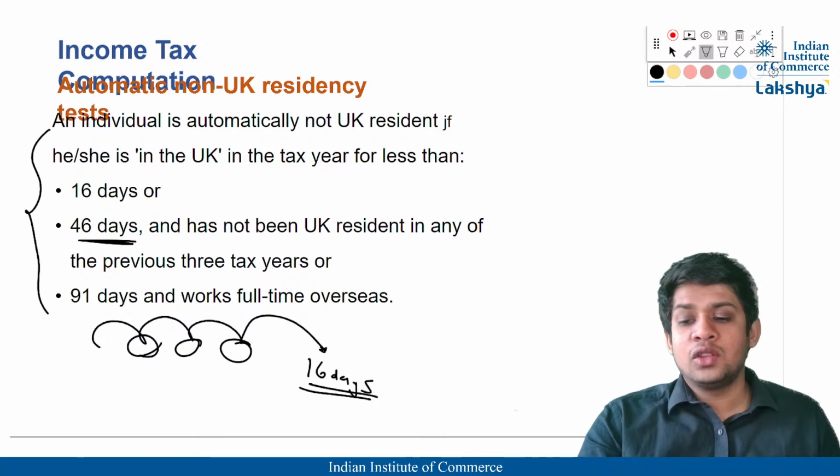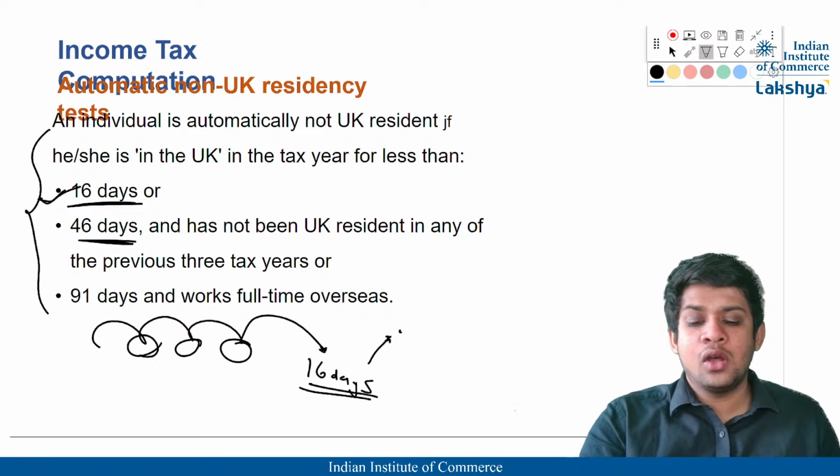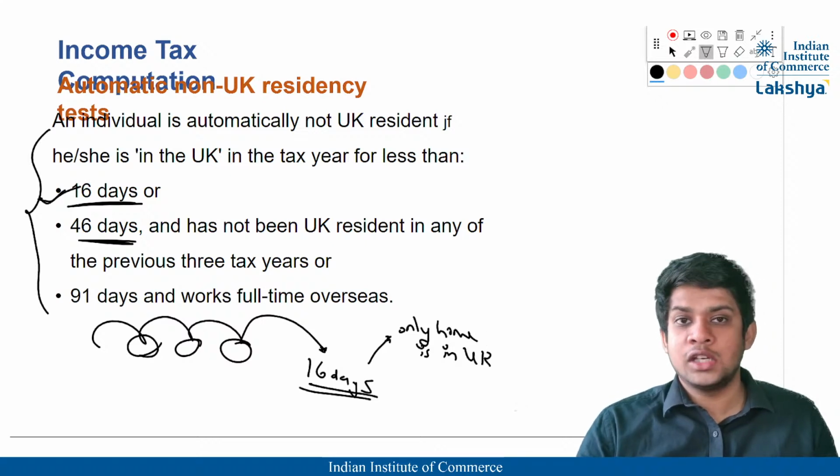So even though in the previous three tax years I was a UK resident, it doesn't matter. In this year, I've just stayed for 16 days and my only home is in the UK, right? My only home is in the UK.